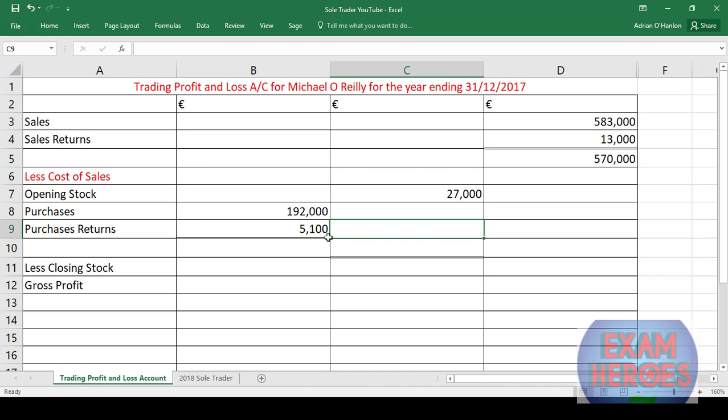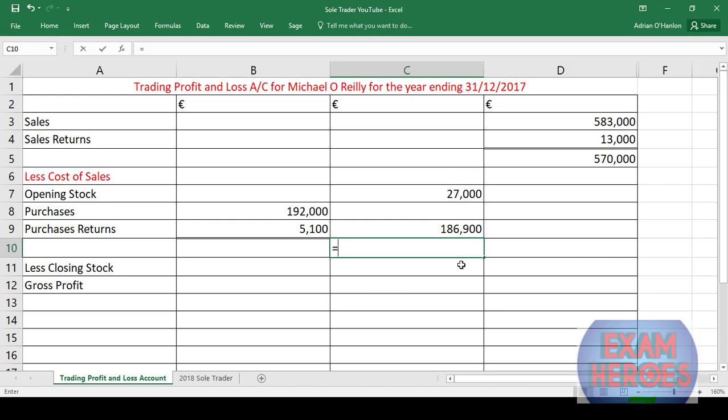Okay, and then we'll take the 5,100 away from the 192,000 and we'll get 186,900. So this is the adjusted purchases figure and this is the stock.